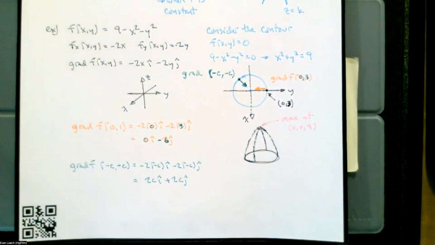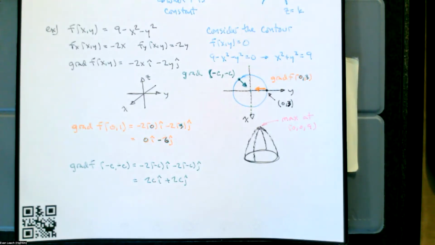Things that we need to remember. The gradient, well, first of all, how to build it: fx i plus fy j, and if we're looking in space, plus fz k. More importantly, what does it tell us? It tells us the direction of maximum increase. What's the steepest path up this hill?